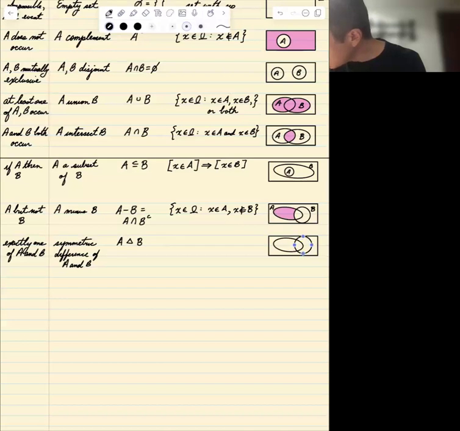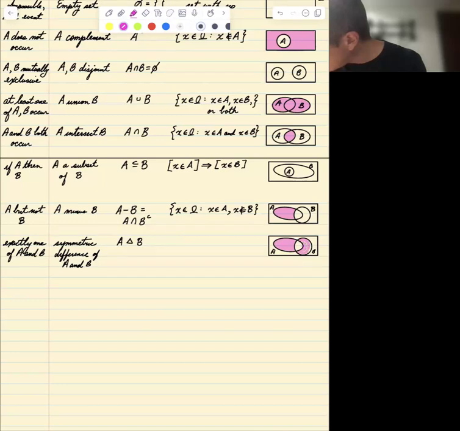All right, so one is A, one is B. Call this A. Call this B. We want exactly one of A and B, so that's this, right? This would be exactly just A. And then this would be exactly B. No overlap.